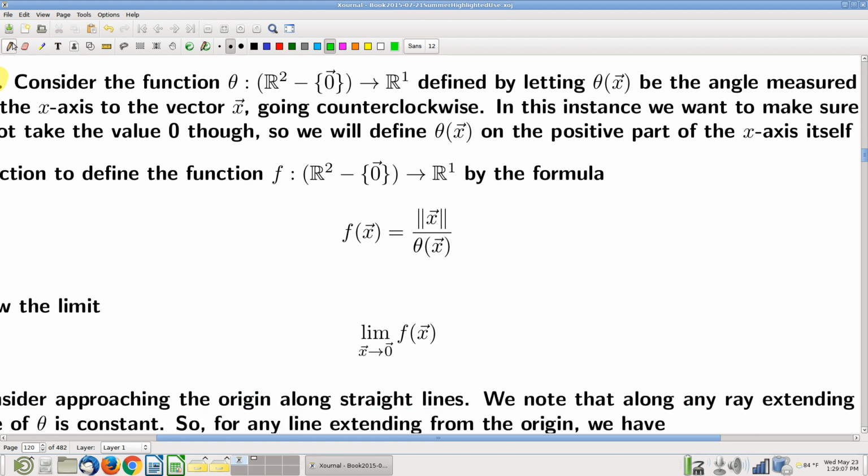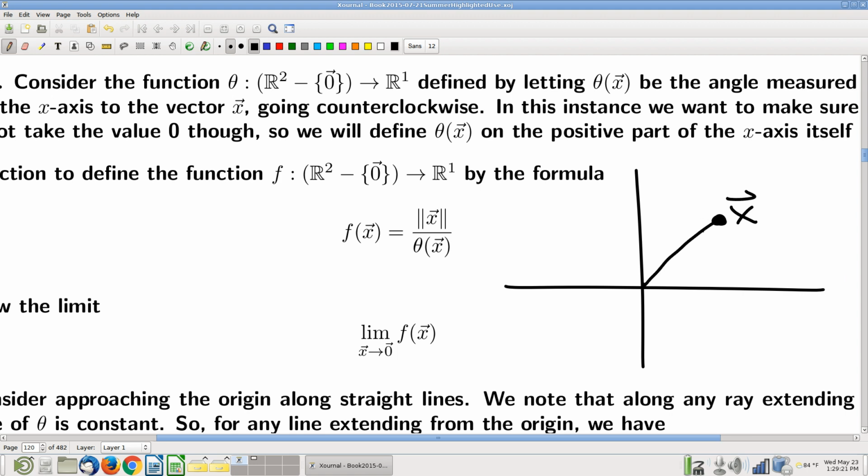Here's the function I want to consider. Given a point x, I'm going to define this function called the theta function. Theta of x is that angle.